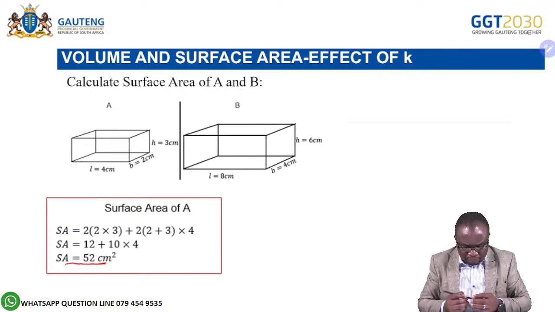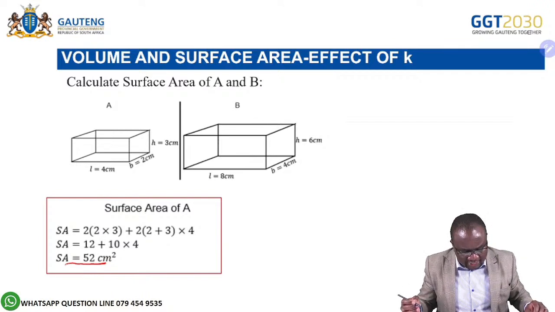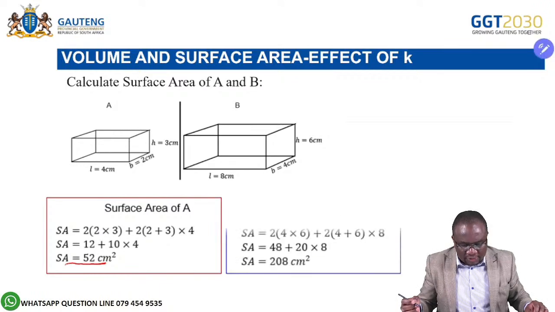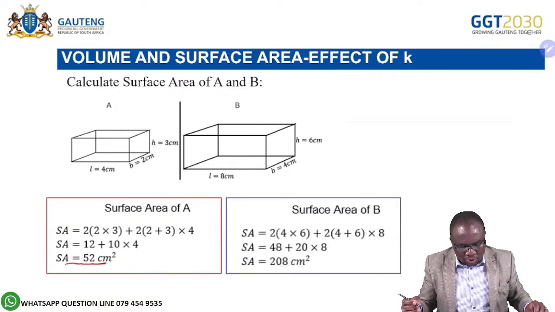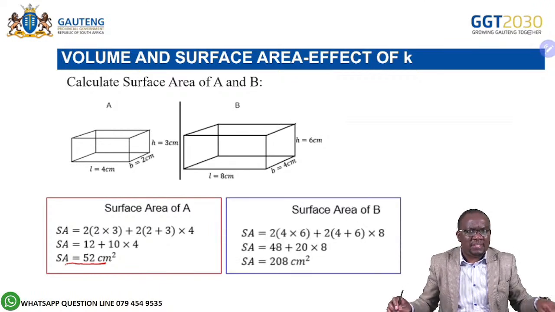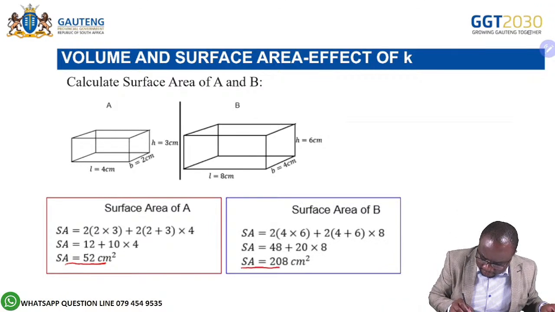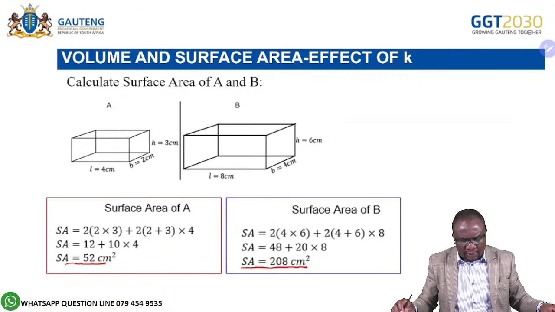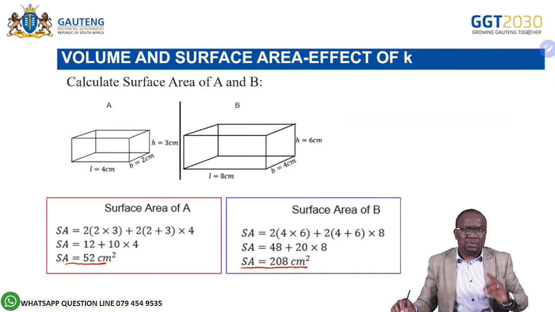And then for prism B, the surface area, we get 208 square centimeters. That's the surface area of rectangular prism B. Now, I want you to do this, learners.